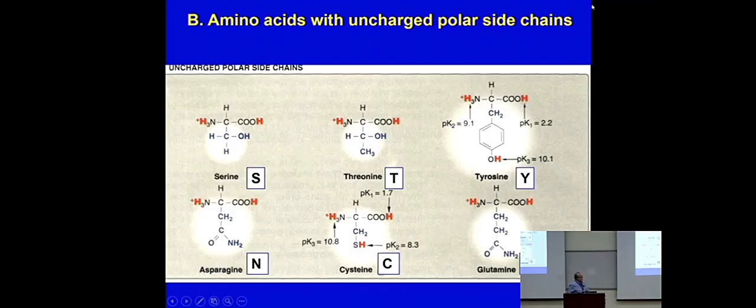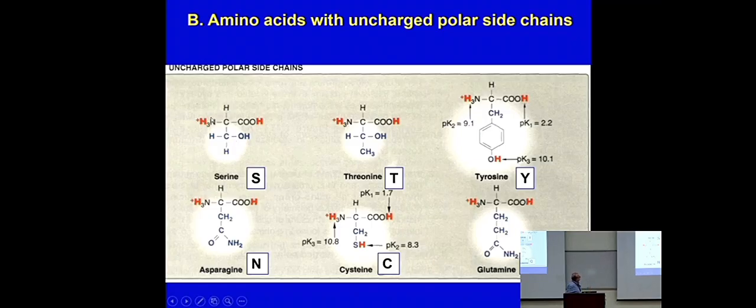Okay, so I'm going to start with the first amino acid here. You still need to know the 3-letter abbreviation. So the first polar side chain is in serine. And actually, if you look at serine, I'm just going to want you to use your imagination. If you took this hydroxyl group and put a hydrogen there, that would be alanine.